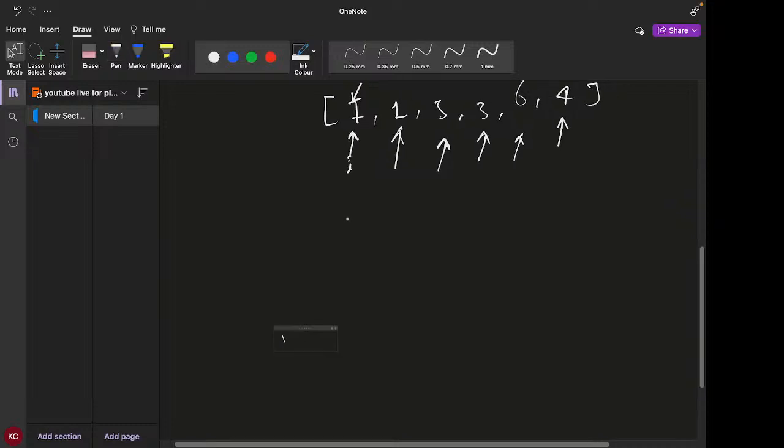Let's suppose I have to maintain a stack where I will put the minimum element on the top. Where I keep the minimum element on the top till now.